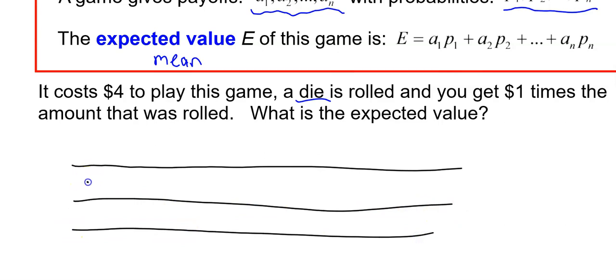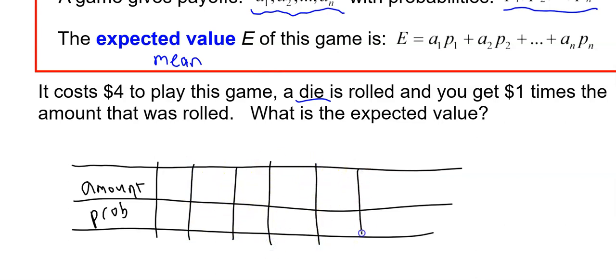I'm going to call this A for the amount you're going to get at the end, and the probability of that amount. We'll have different outcomes here. It looks like there's going to be 6 outcomes: 1, 2, 3, 4, 5, 6. Probabilities for each of those are 1/6, right?